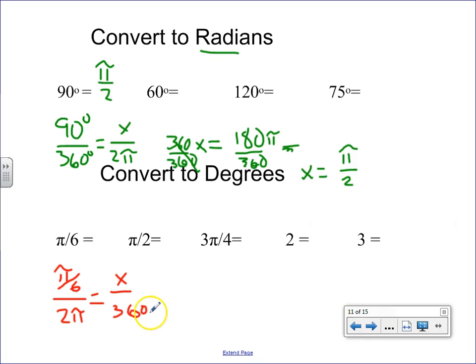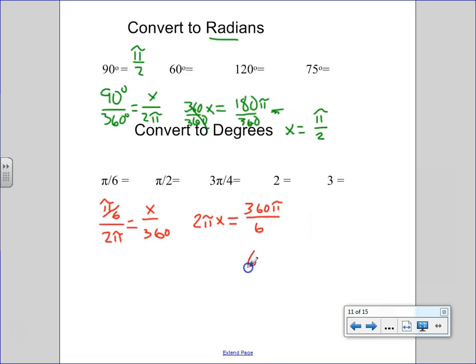So here I can multiply my cross products. So 2 pi times x is equal to 360 pi over 6. And 360 divided by 6 is 60 pi.